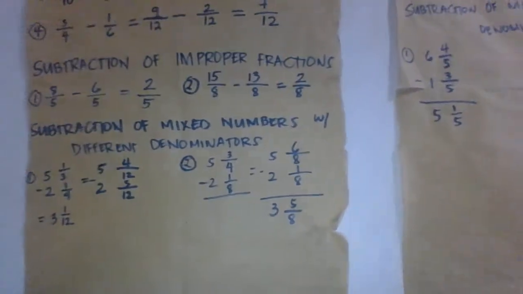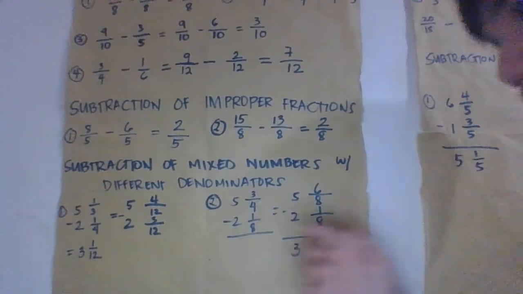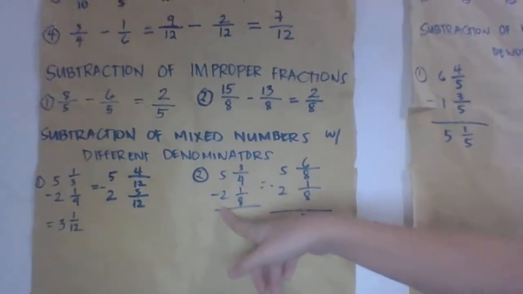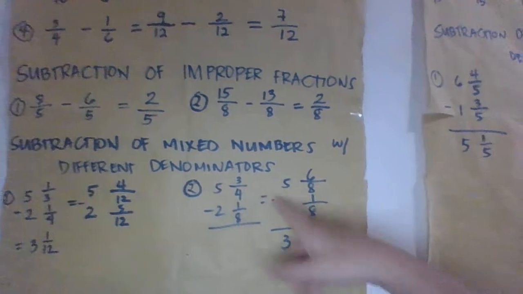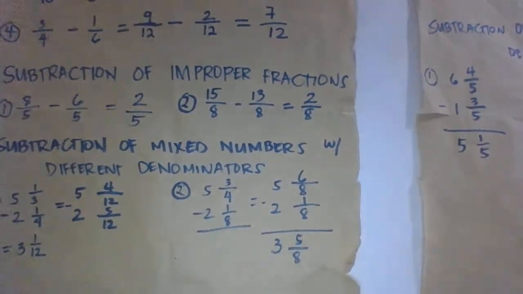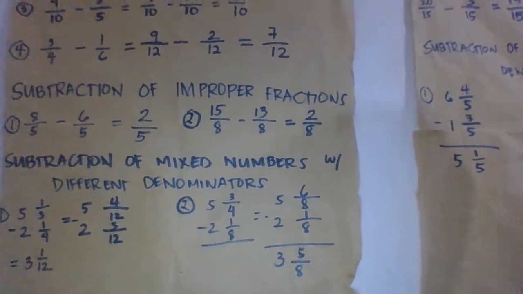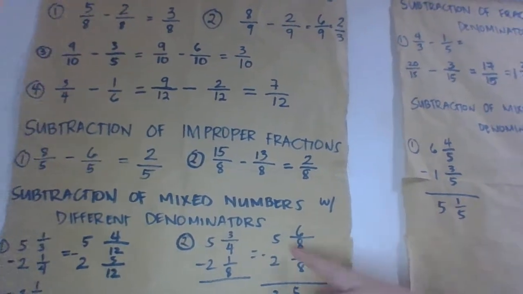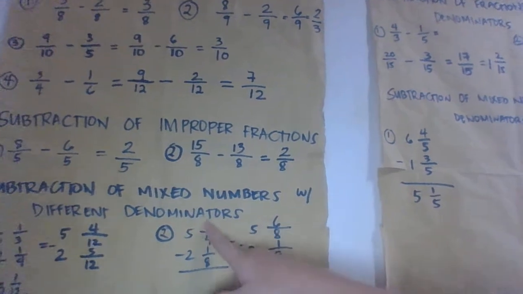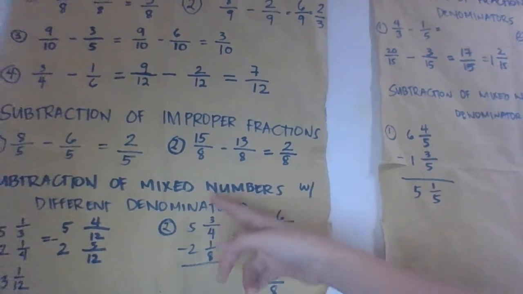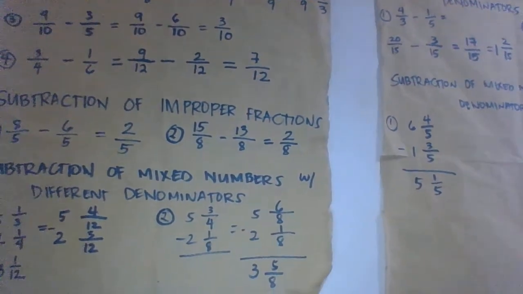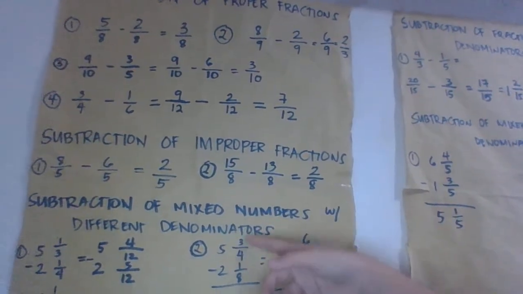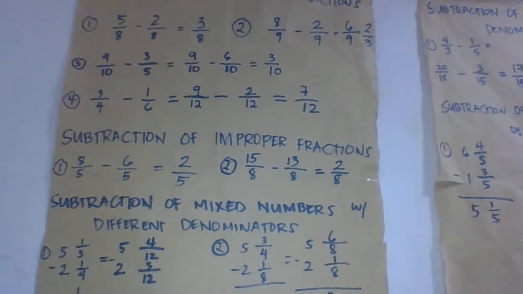Next is number 2. 5 and 2, so we will just write it here, and we need to find the LCD. 4 times 2 will become 8, and we need to times it also here. 3 times 2 equals 6.